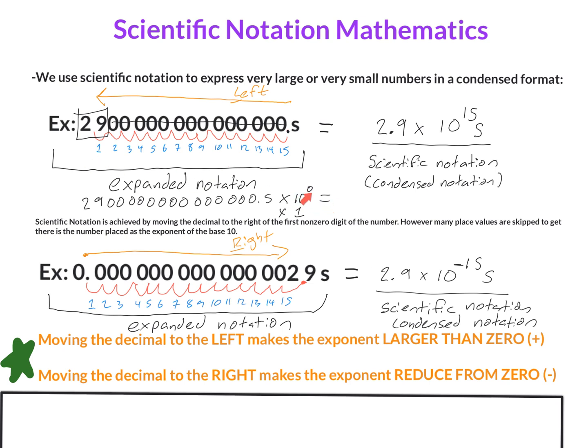Right? So if we start at 0, we're adding 15 because we're becoming more positive, larger. Leftward, larger. Rightward movement for our decimal point means we're going to reduce the value of our exponent by 15 units, making it more negative. Okay? So that's what this is telling you here. So if you can remember that, then you'll always get these right.